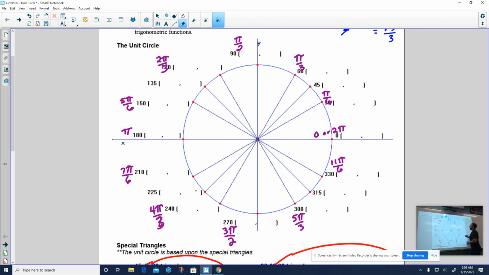All right, let's do the 45s. So this one is pi over 4 at 45 degrees. So 90 would be 2 pi over 4, which reduces to pi over 2.